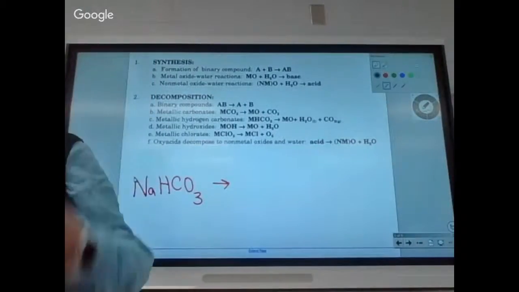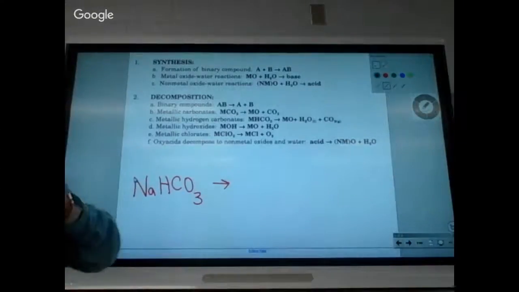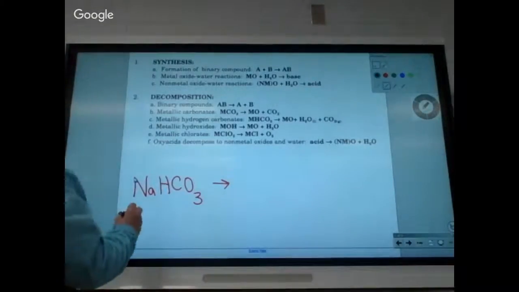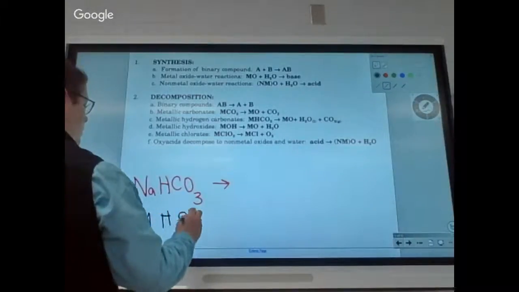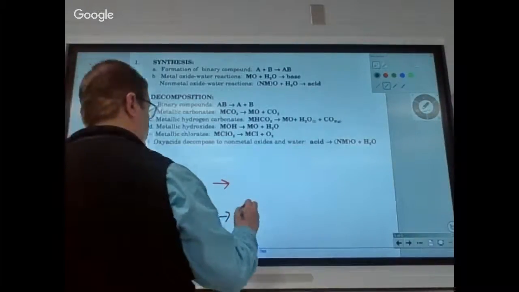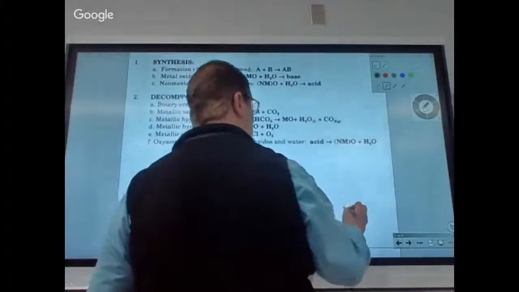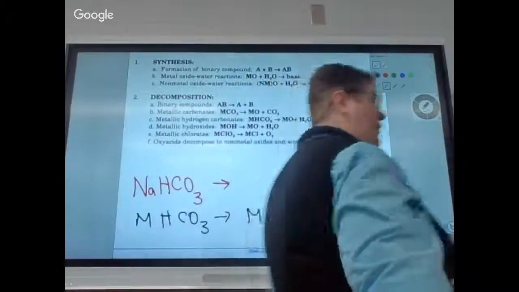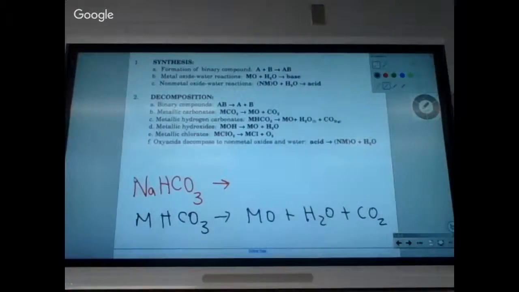So what do you do now? Find the oxidation number. I would write the equation under it if I was Annabelle. HCO3. Now, those of you who don't need it, don't write it. But if I was Annabelle and I was struggling, I'd write that because it's a great visual technique.